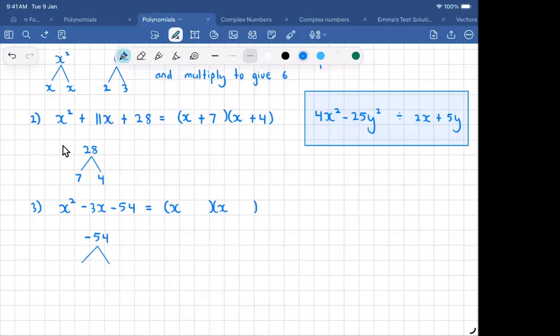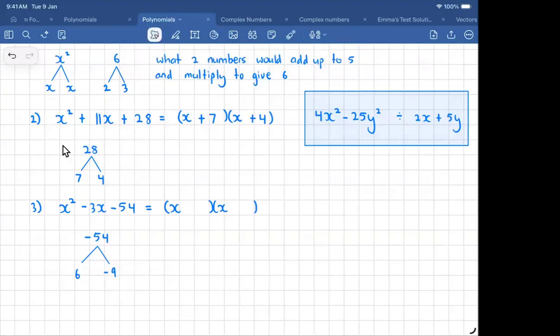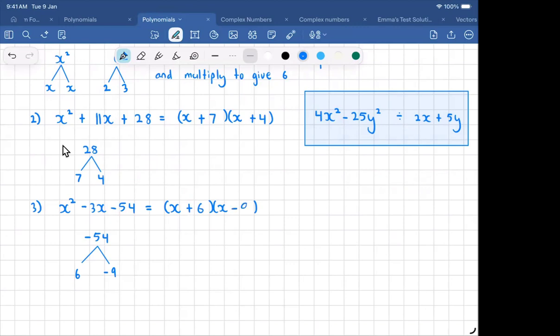Now, if we want to get back negative 3, should I put the negative by the small number or the big number? The small one. If I put negative 6 plus 9, it'll be positive 3, so it must be the big one. So I'll put plus 6 over here and negative 9 over here.